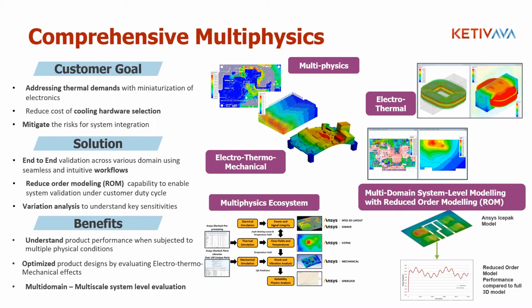And then that reduced order model can get fed into other reduced order models for other components, and you can actually start looking at full system reliability with similar integrity.